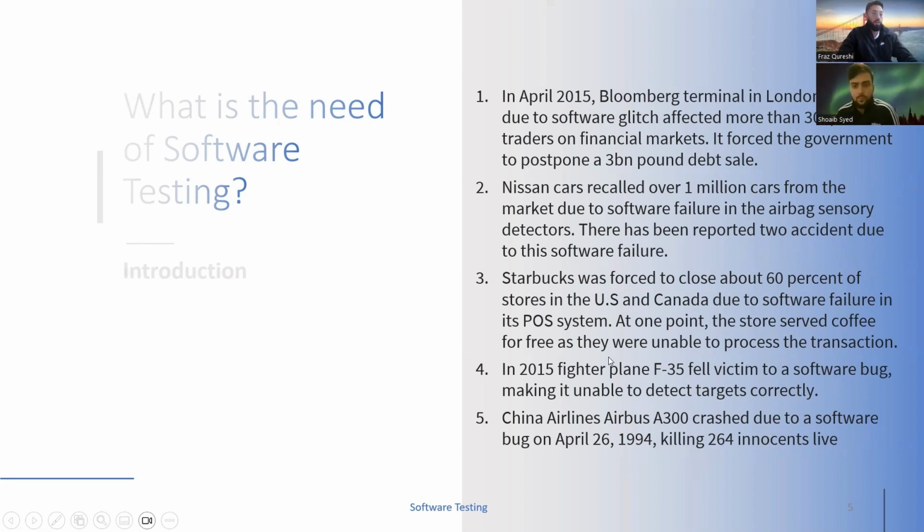Everything that we have right now, everything around us, is going to be software, it's not going anywhere. And all those software systems need to be tested. So in these situations, either they didn't anticipate the bugs beforehand or the software wasn't tested properly.